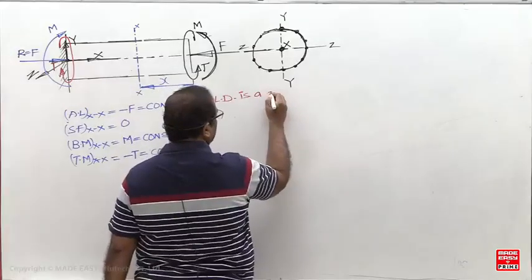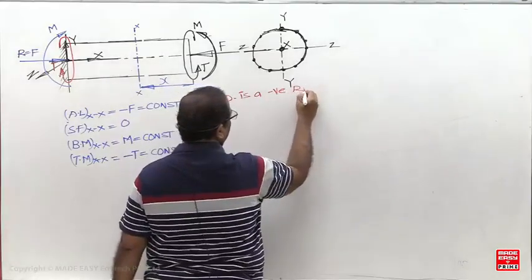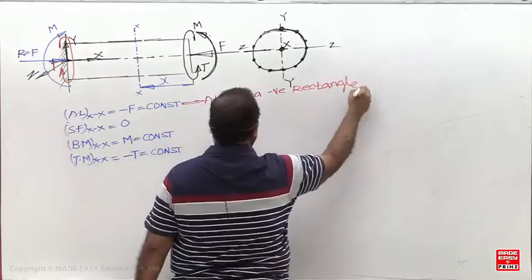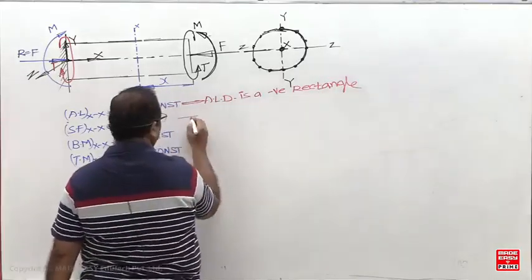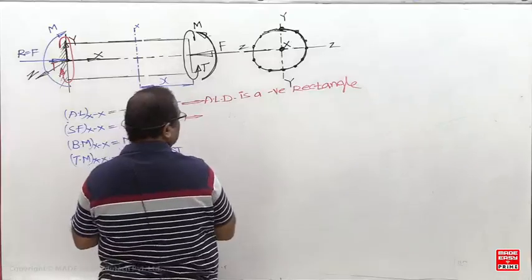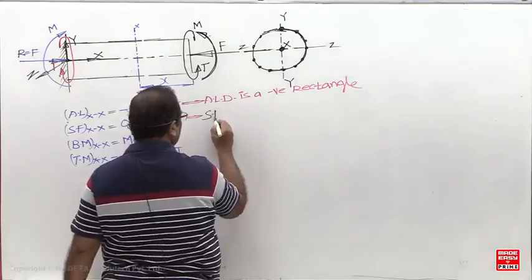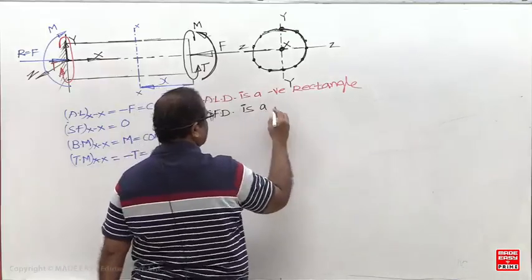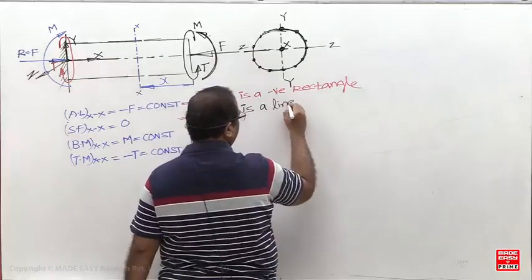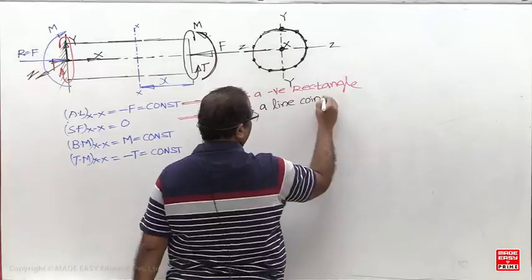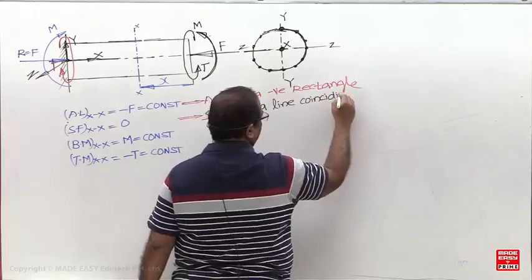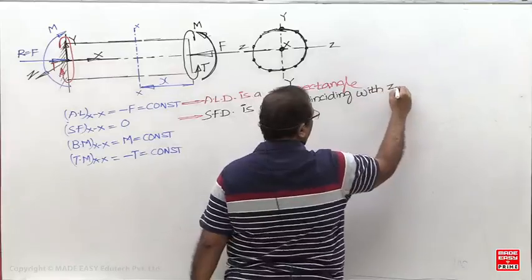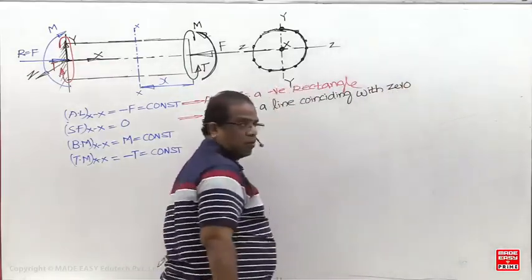Is a negative rectangle. SFD is about now. Is the line coinciding with 0.